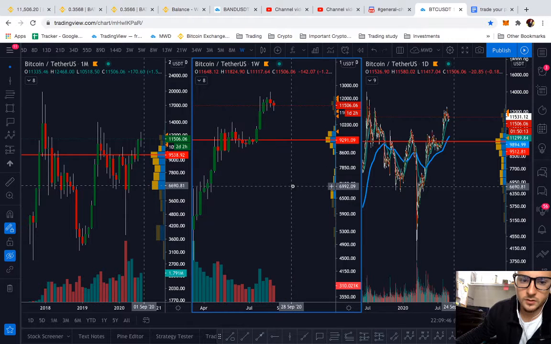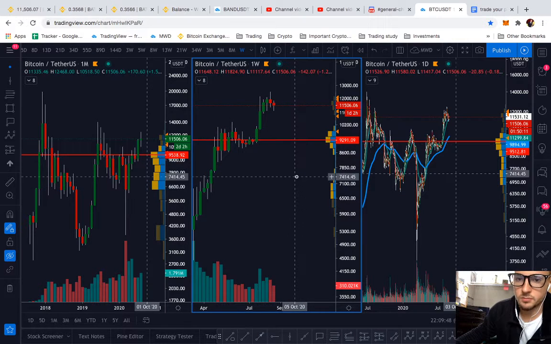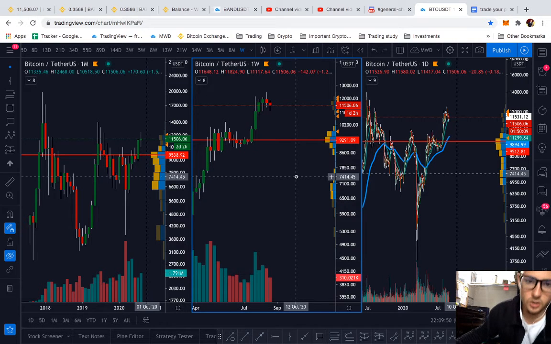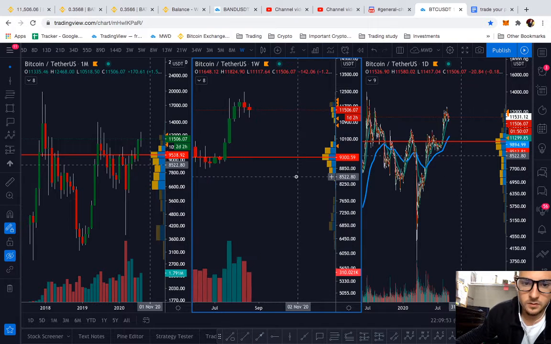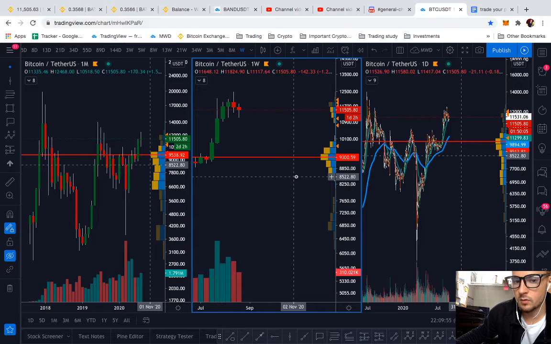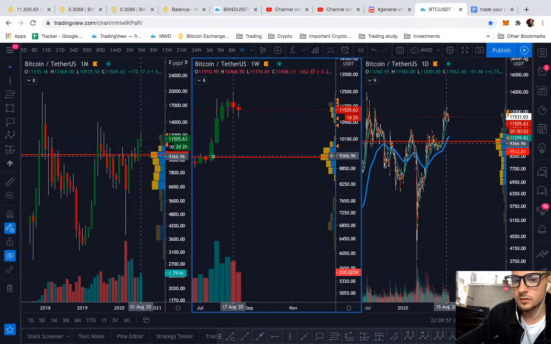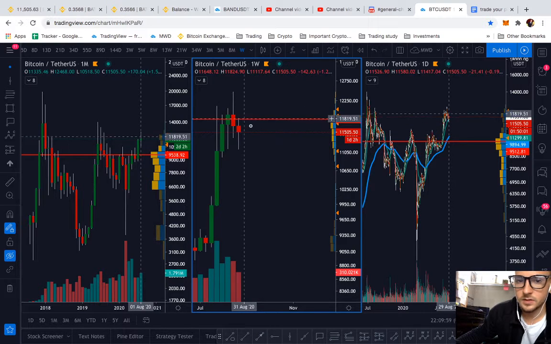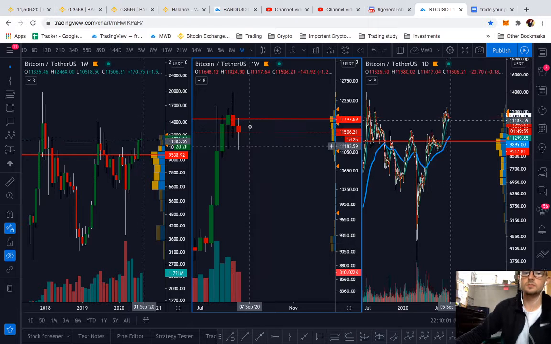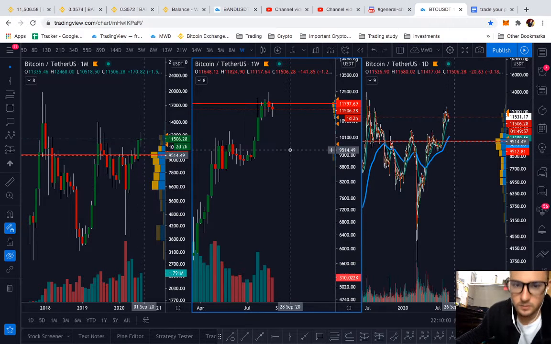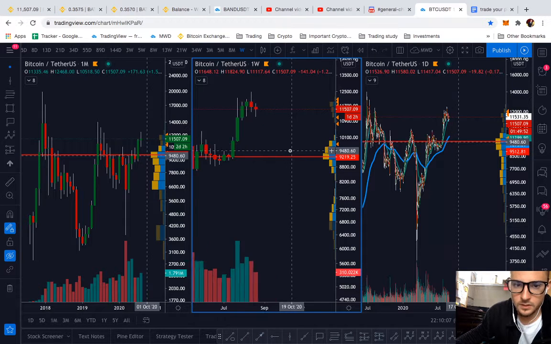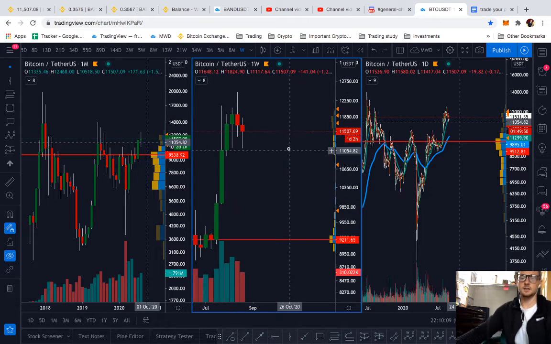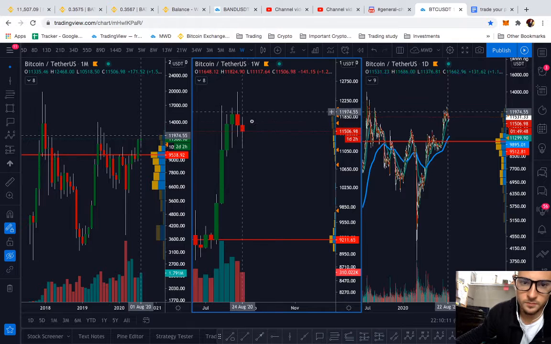Just trying to figure out, this volume average is basically 9,300 on this chart. We might get one more wave upwards. But you see how the price is below the volume profile? That's generally a bad sign of distribution.